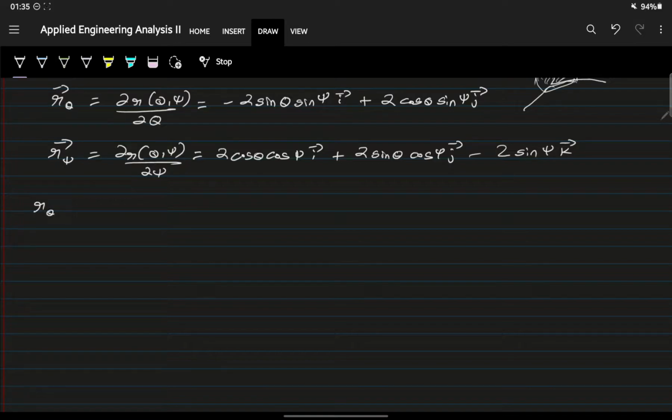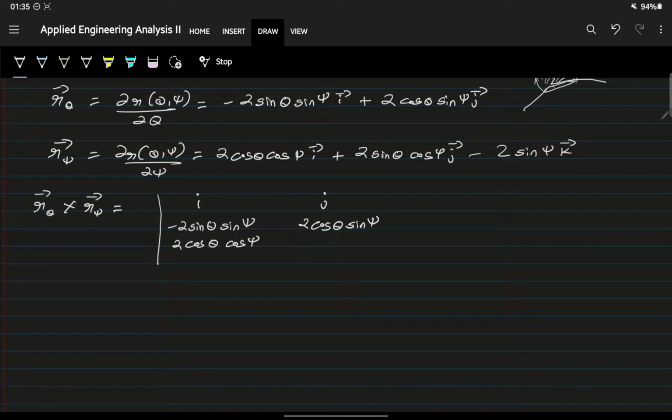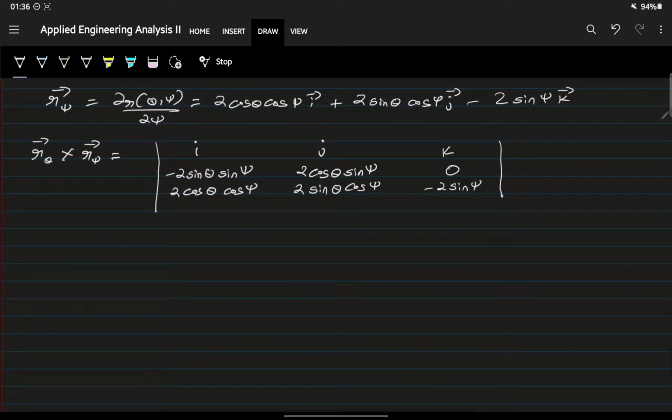Find the cross product of the parameters. The i component, the j component, and k is 0 and minus 2 sine phi. Let's expand.